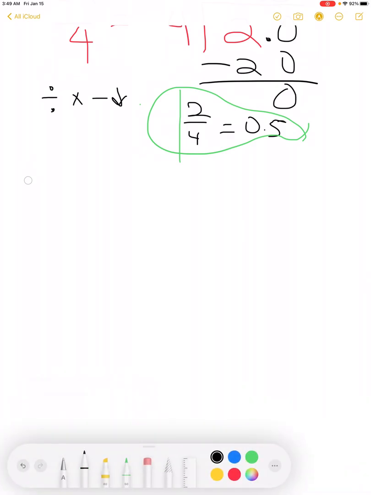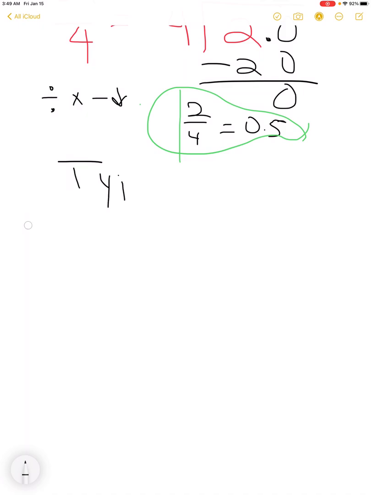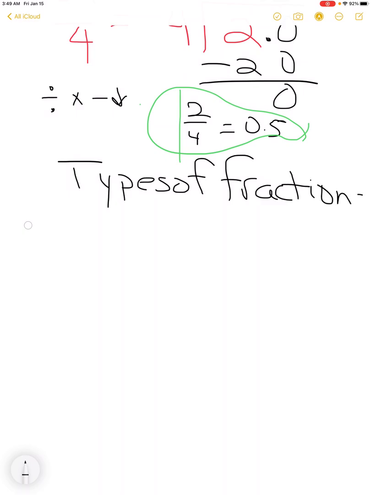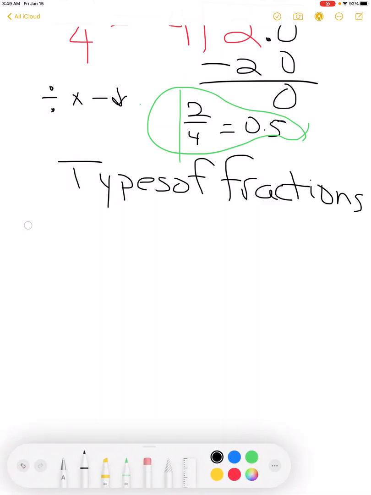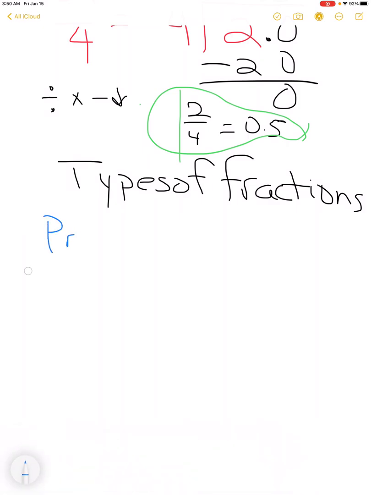Different types of fractions. So we'll put types of fractions. First one is a proper fraction. Let's think about what proper fraction means. What does the word proper mean? Proper means right, the right way to do things, okay? Proper fractions are the right way to write fractions.